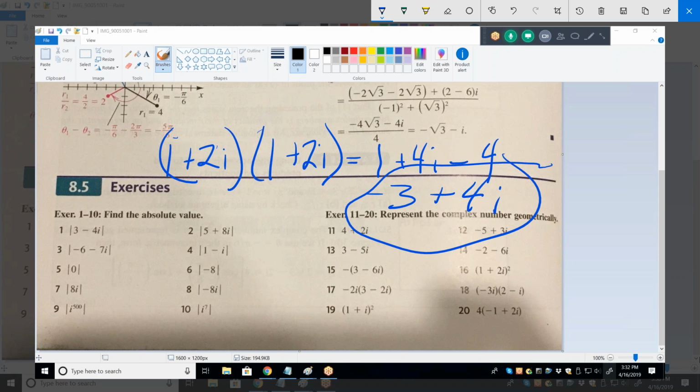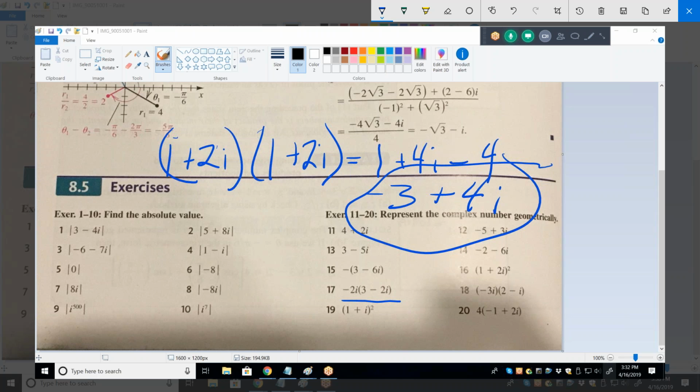In other words, on 17, you're just going to multiply it out. And the biggest thing you want to, well, you already know this, i squared is -1. So whenever you have an i squared, change it to a -1. I don't see any i cubes here, but if you did end up with an i cubed, change it to -i.